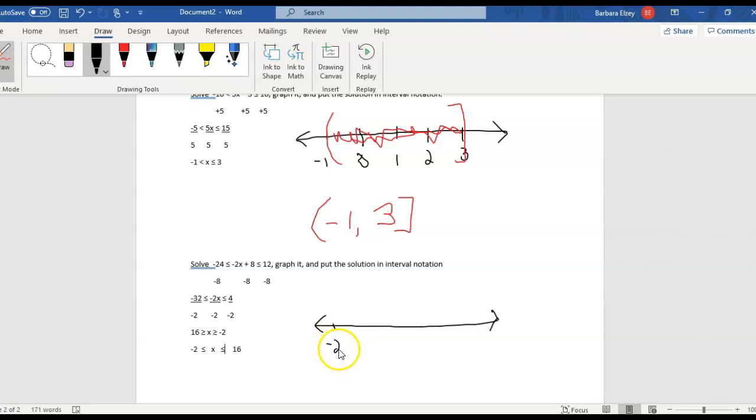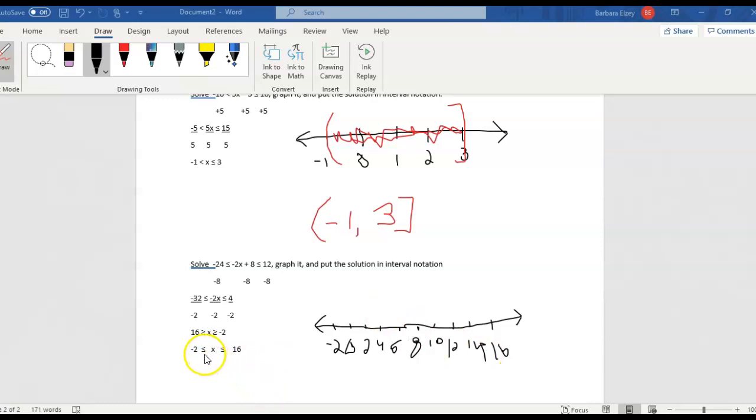So we'll have negative 2, 0, 2, 4. Well, my drawing is just wonderful. Okay, so I had to stop and redraw just so I got them all on there. Not very pretty, but we get the idea.